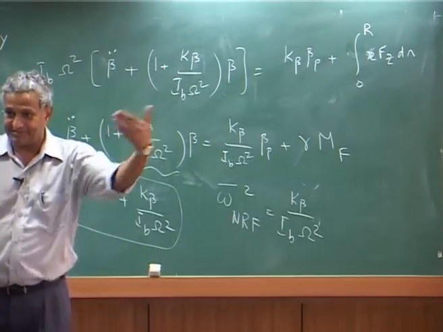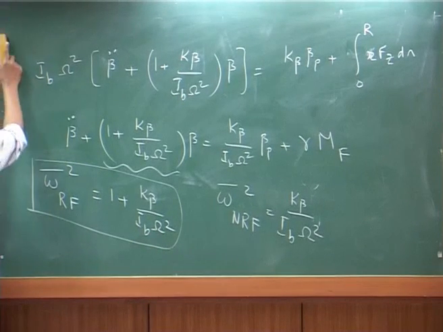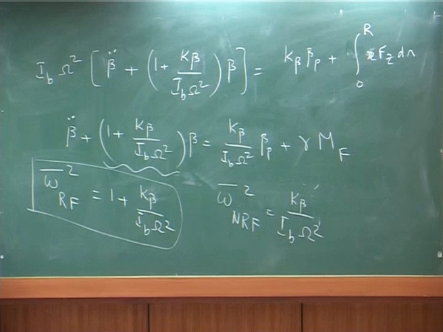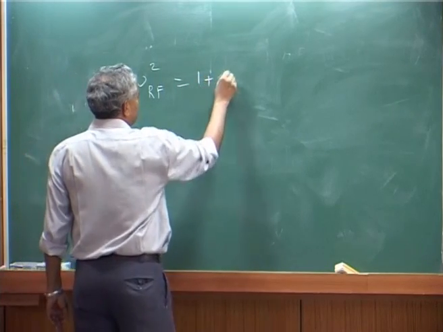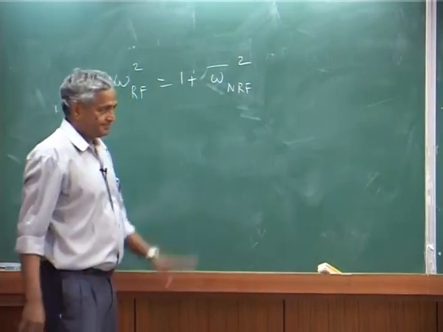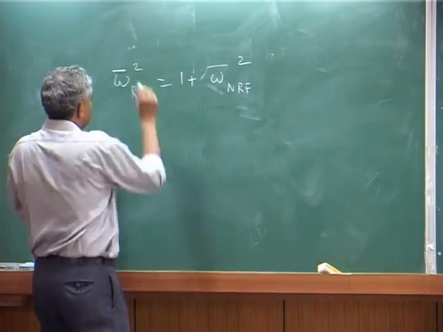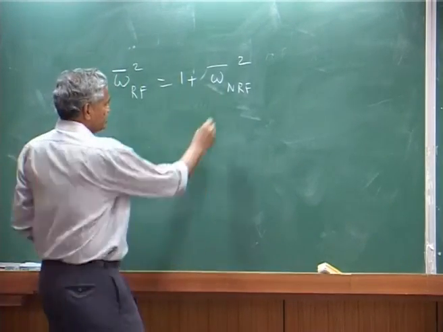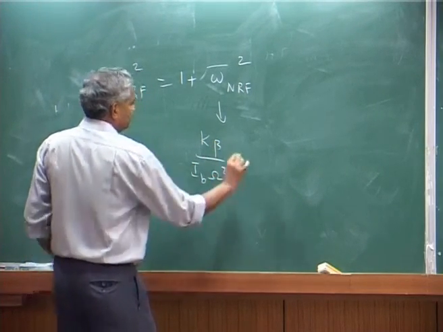You put whatever. Now, you see my simple equation tells me rotating flap, non-rotating flap. This is my rotating flap square is 1 plus omega bar non-rotating square, that is all, and this is k_beta over I_b omega square, that is all.